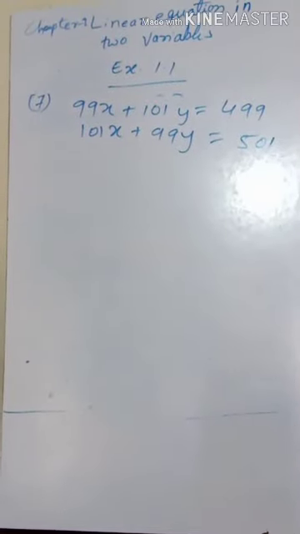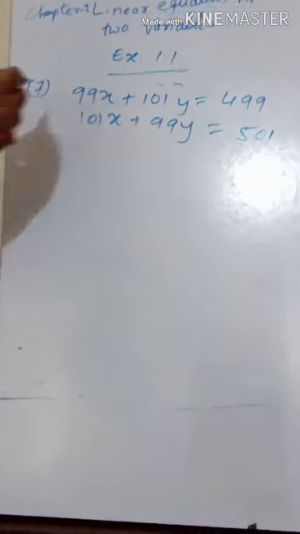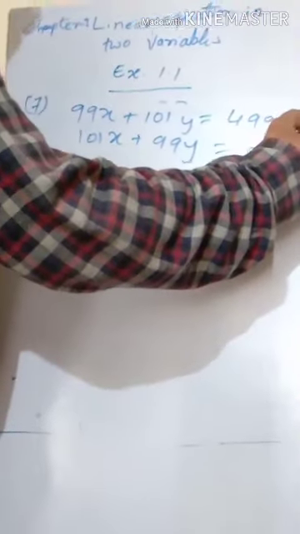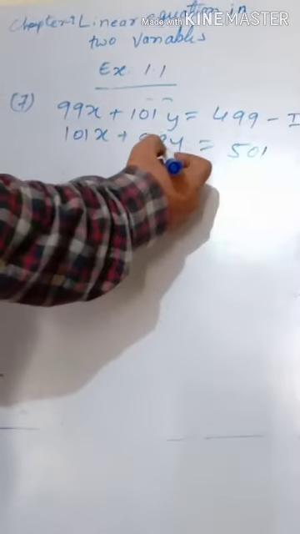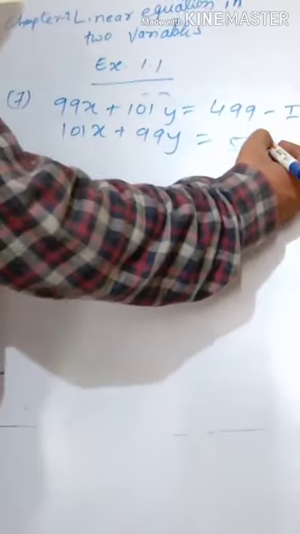Sum number 7, equation 1 is what? 99x plus 101y is equal to 499. That is equation number 1. And 101x plus 99y is equal to 501. That is equation number 2.